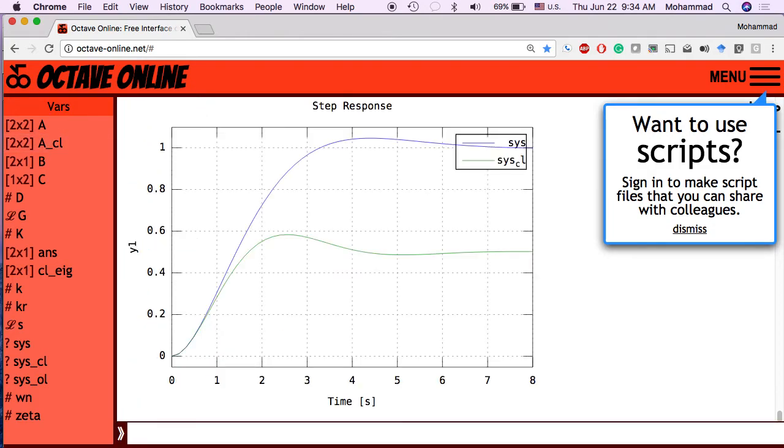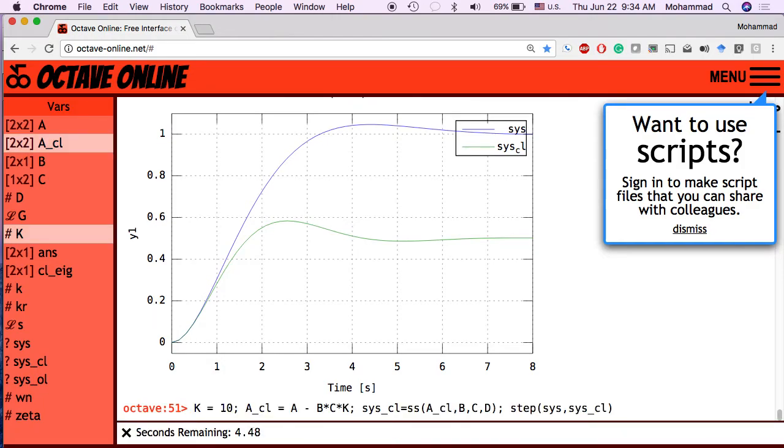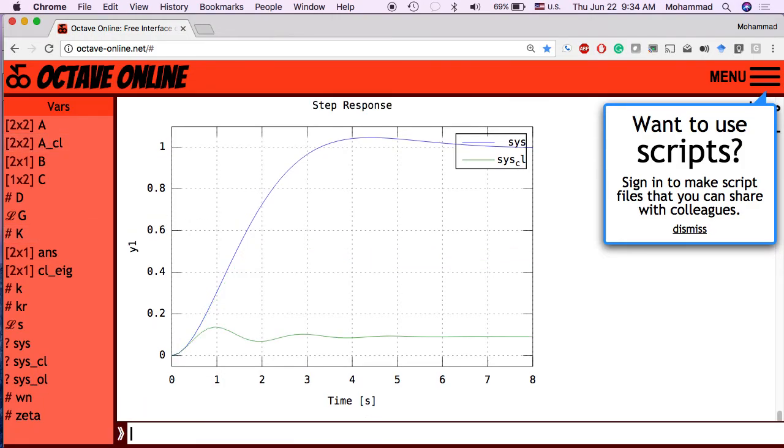Okay, here. So you can see now that the closed loop starts oscillating a little bit more. So as you increase K now to a larger number, so let's say K is 10, the steady state response goes down.